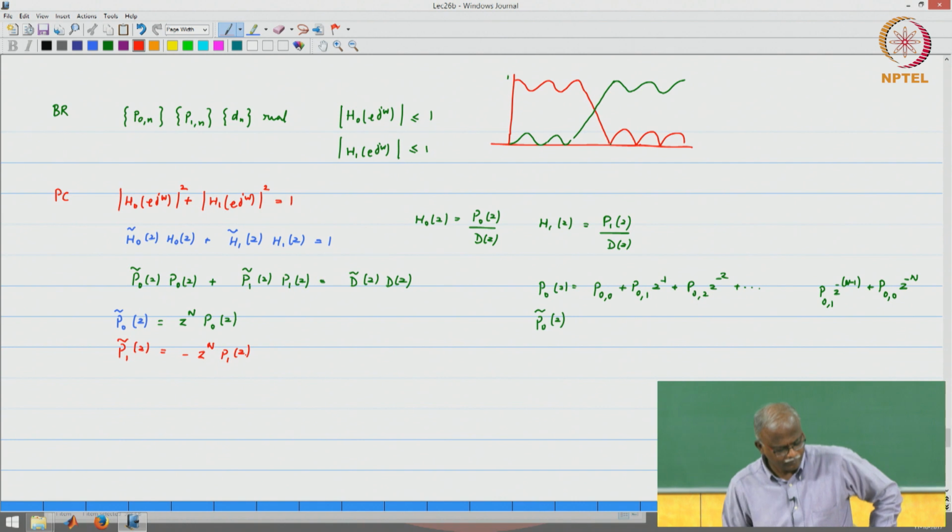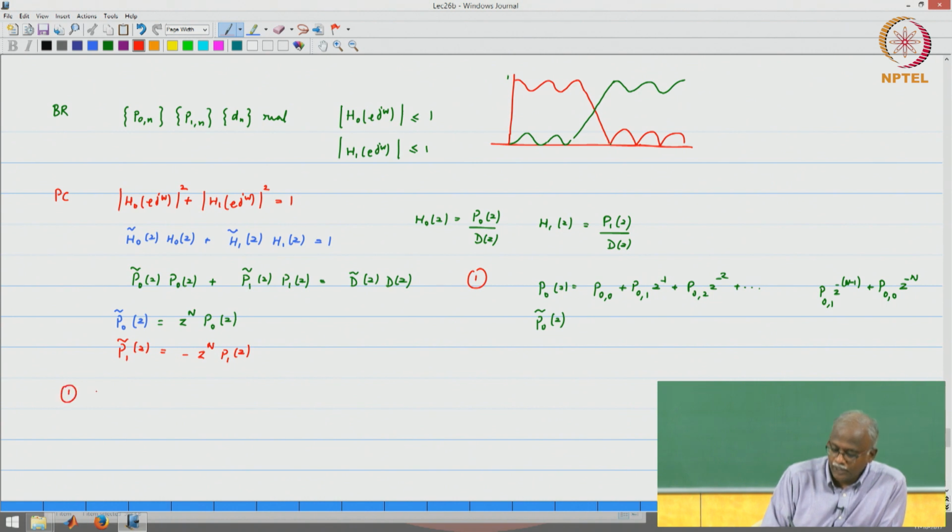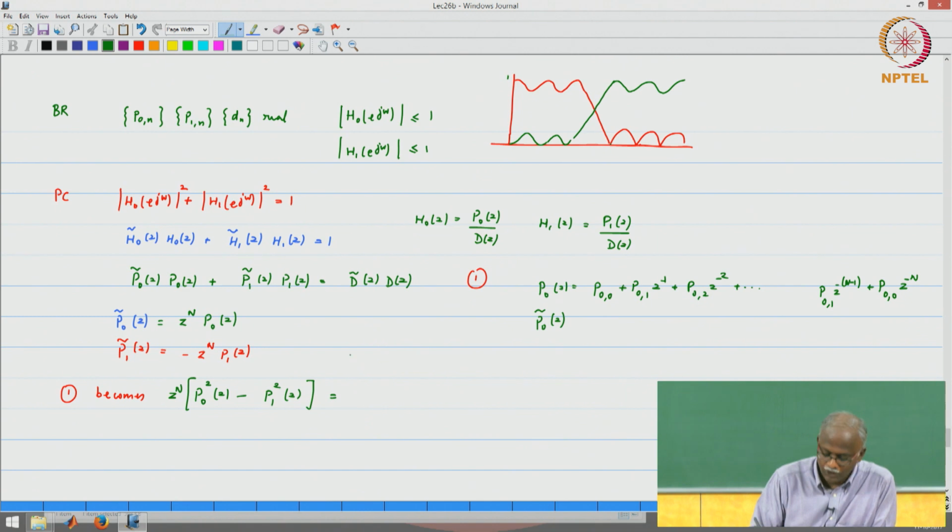So equation 1, with these two substitutions, becomes P0 squared of z, with a z to the power n sitting outside, P0 squared minus P1 squared of z equal to D tilde of z D of z.